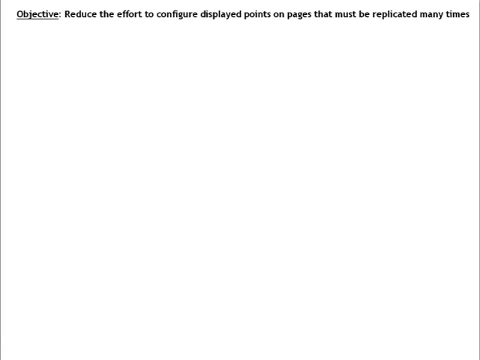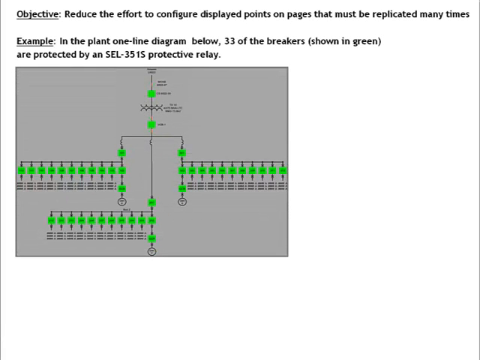Well, you certainly don't want to have to configure all of those points for every breaker, particularly when each of the relays on all those breakers is the same. So what you can do is make sure that the nomenclature for each of those points, when you set those up originally, is similar. And then you can use a wildcard and populate that wildcard when you load the page.